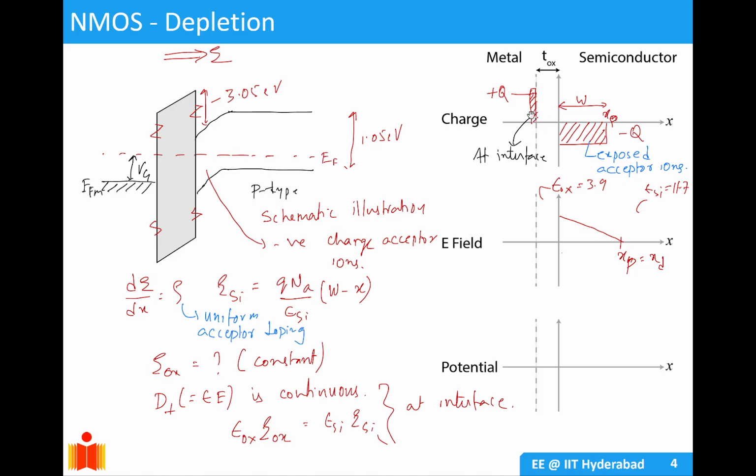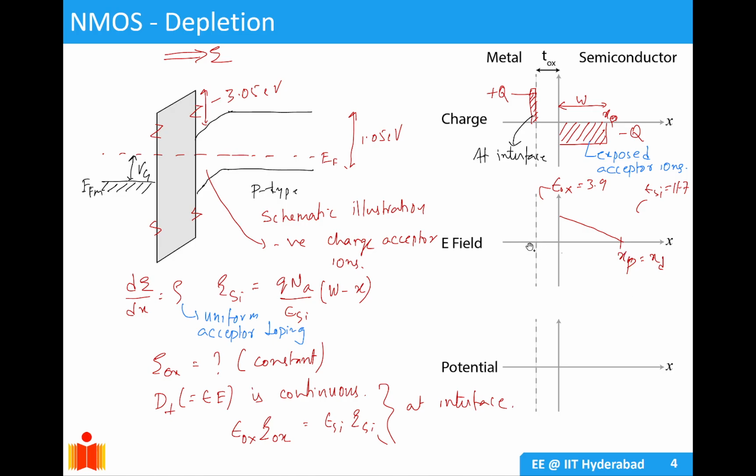So now when you integrate it to get the electric field, again you have zero charge here, then you suddenly encounter a positive charge, so you get a positive value here. Then you are encountering a negative charge region. So when you integrate it, you slowly go back to zero in a straight line. So your electric field will look like this.